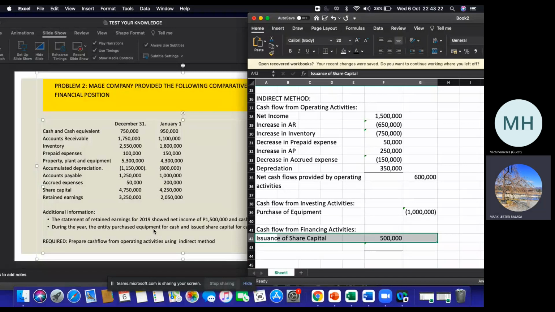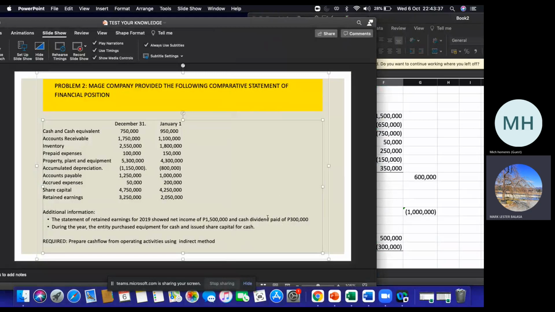Issuance of share capital is 500. And then you have payment of cash dividends of 300,000, which is given.